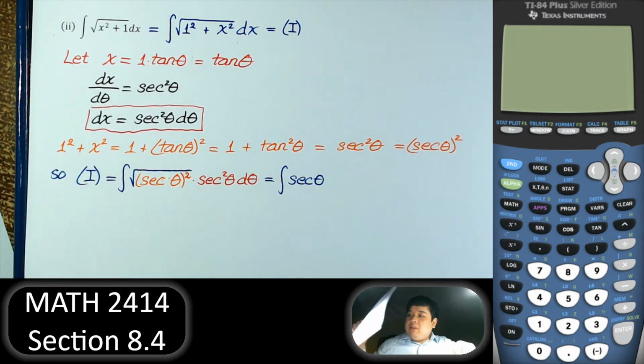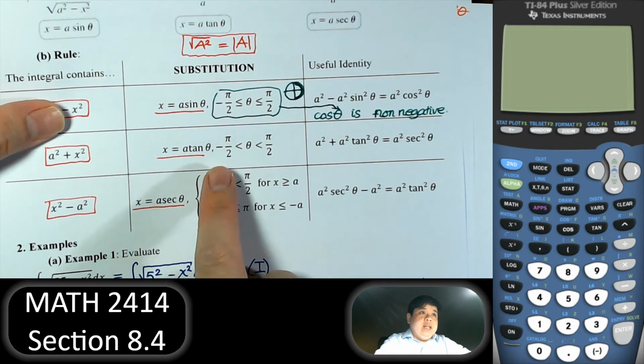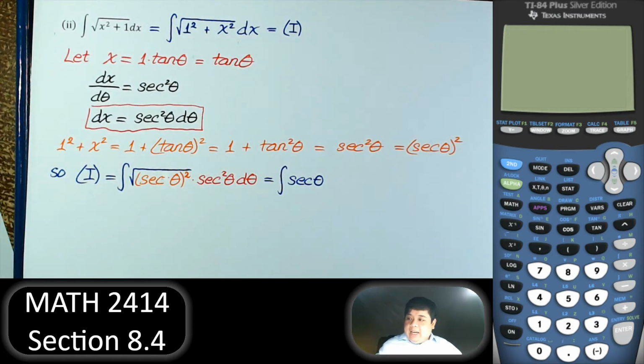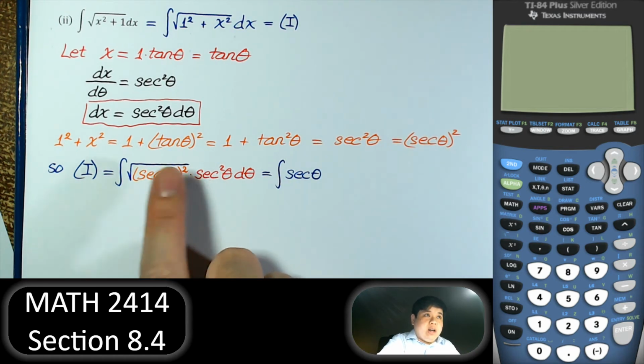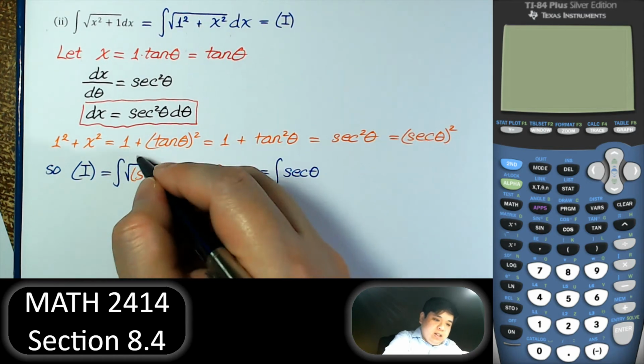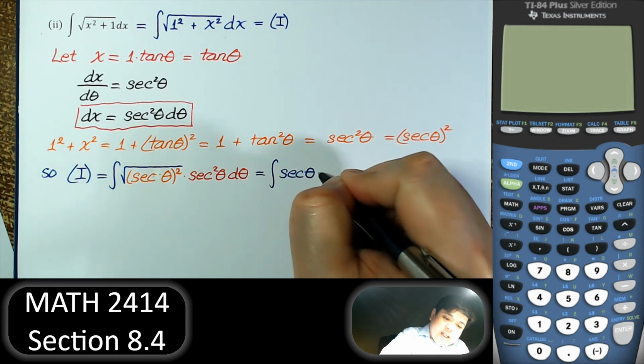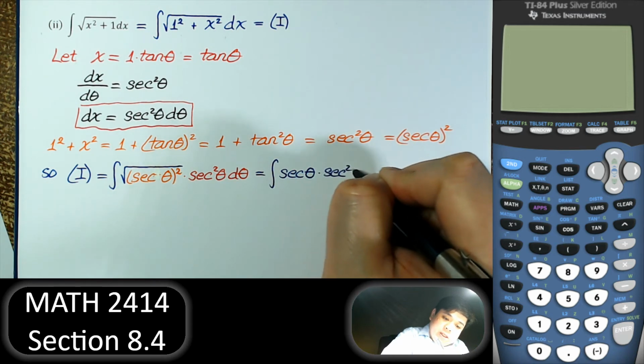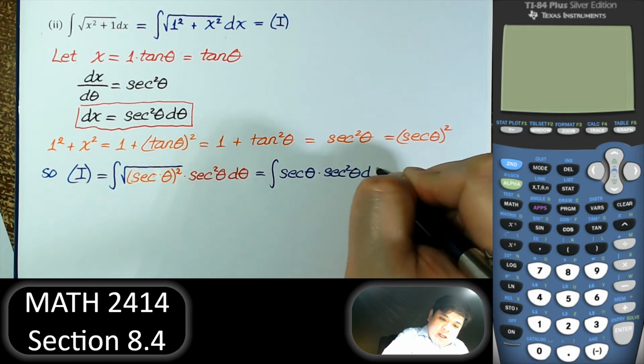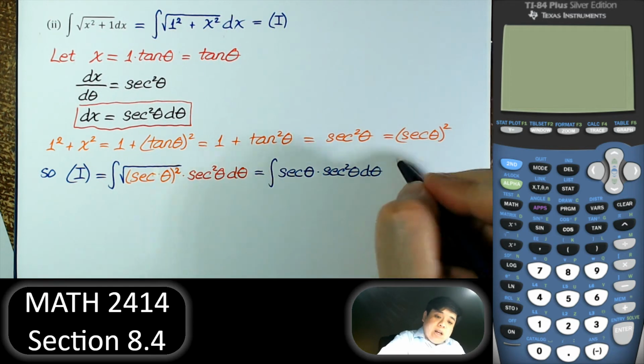Tangent, when we make that substitution, has to be in quadrant 4 and quadrant 1, and secant in quadrant 4 and quadrant 1 is positive. So that's why we can cancel out square root and square. Square root undoes the square. Right. So we have secant times secant squared d theta. Actually, that is the secant cube.